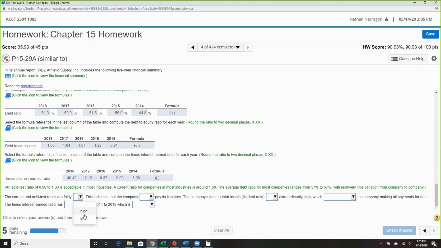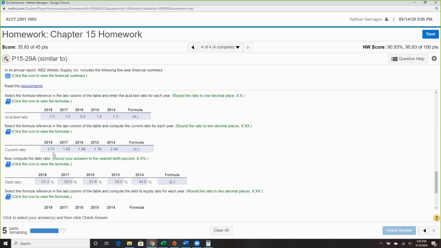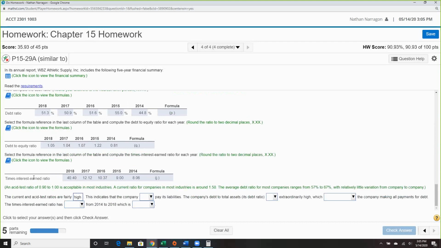For current, it's 1.50. So relatively, these are high. We read this. Okay. This indicates the company can pay its liabilities.